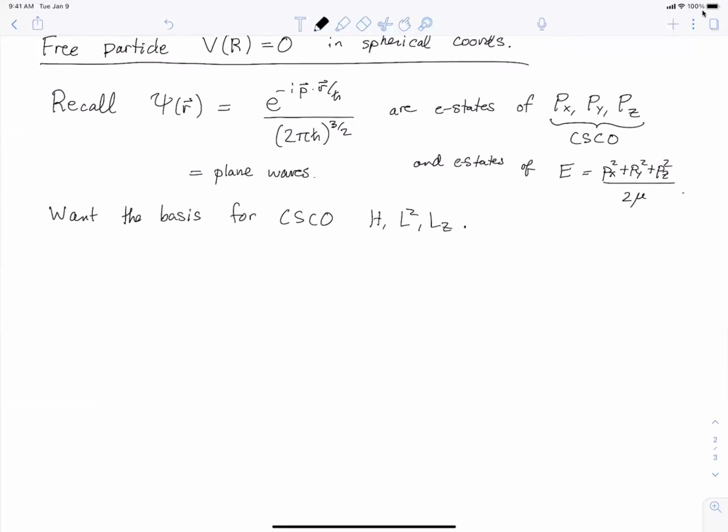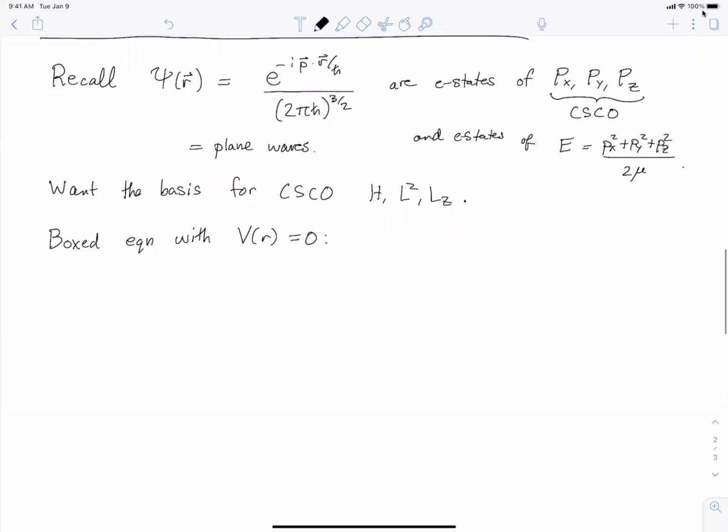Okay, and so our boxed equation with V of r equals 0, once you multiply through by 2 mu over h bar squared, becomes the second derivative with respect to r plus 2 mu E over h bar squared minus L times L plus 1 over r squared, all of that acting on our u.